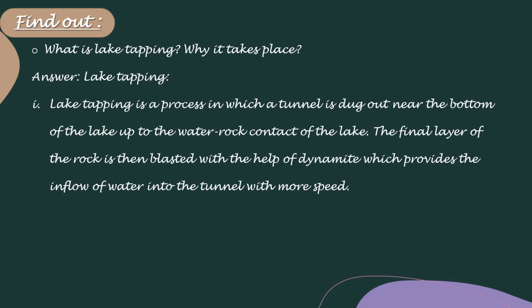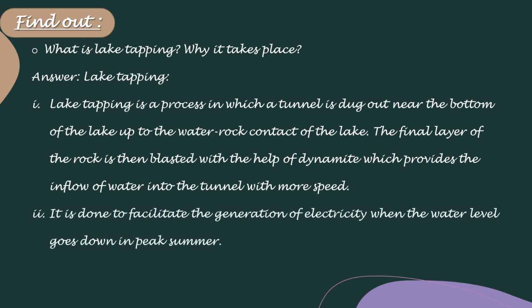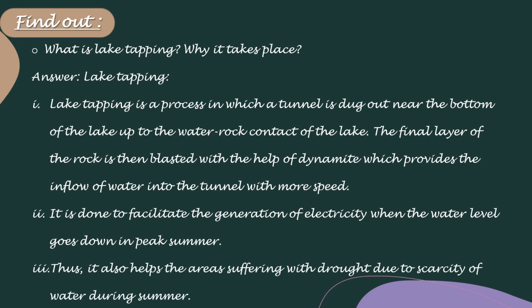The final layer of the rock is then blasted with the help of dynamite, which provides the inflow of water into the tunnel with more speed. And it is done to facilitate the generation of electricity when the water level goes down in peak summer. Thus, it also helps the areas suffering with drought due to the scarcity of water during summer.